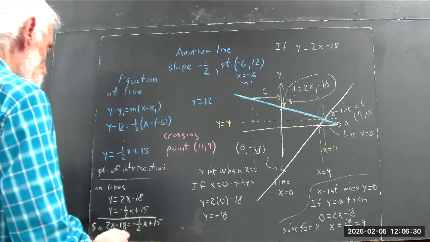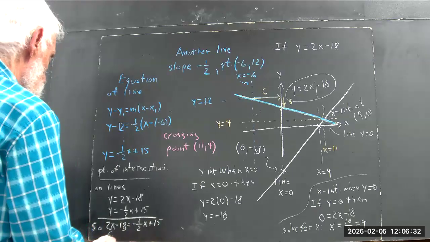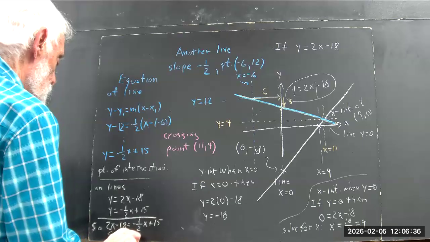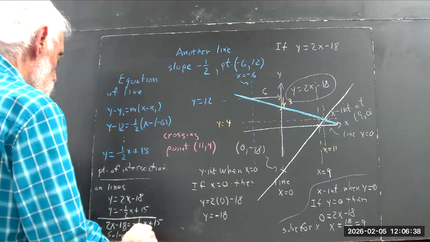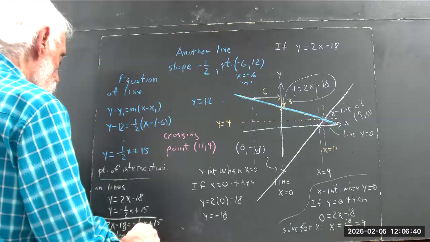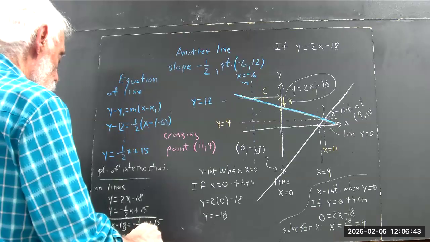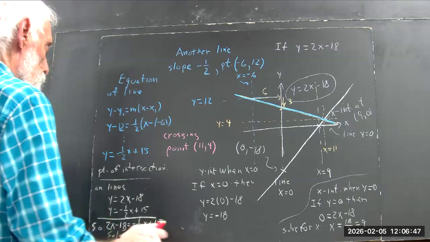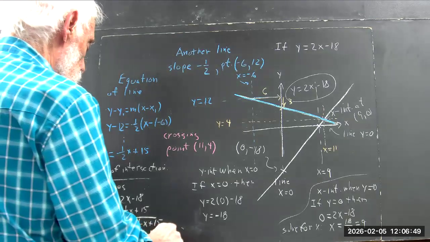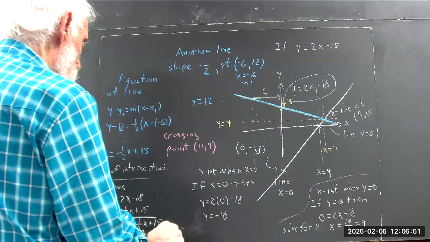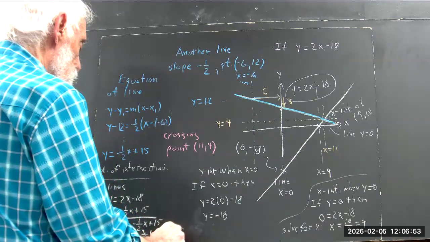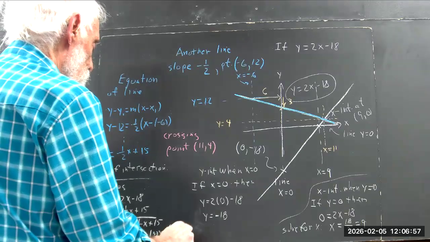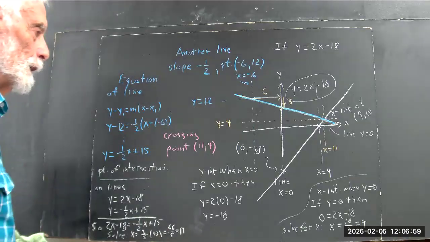So you're going to get x equals 2/5 of 33. That might be hard to read. I'm writing in a difficult position there, which is 66/5, which is by darn 11.